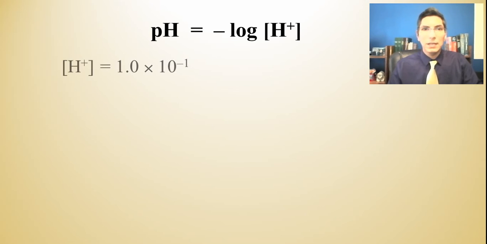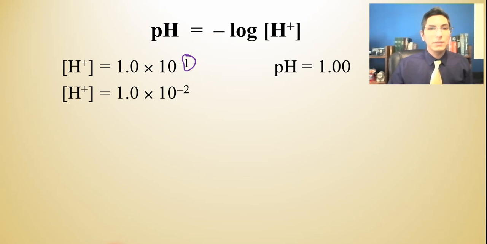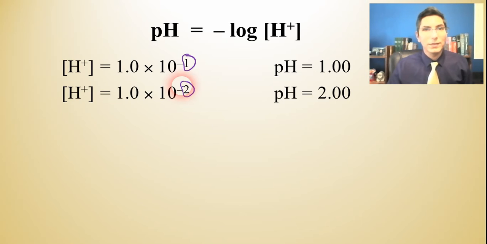So what that means is, if you have an H plus concentration of 1 times 10 to the negative first, well, guess what? The pH is just that number right there. The pH is just equal to 1. And likewise, if H plus is equal to 1 times 10 to the minus second, then pH is going to be equal to 2.